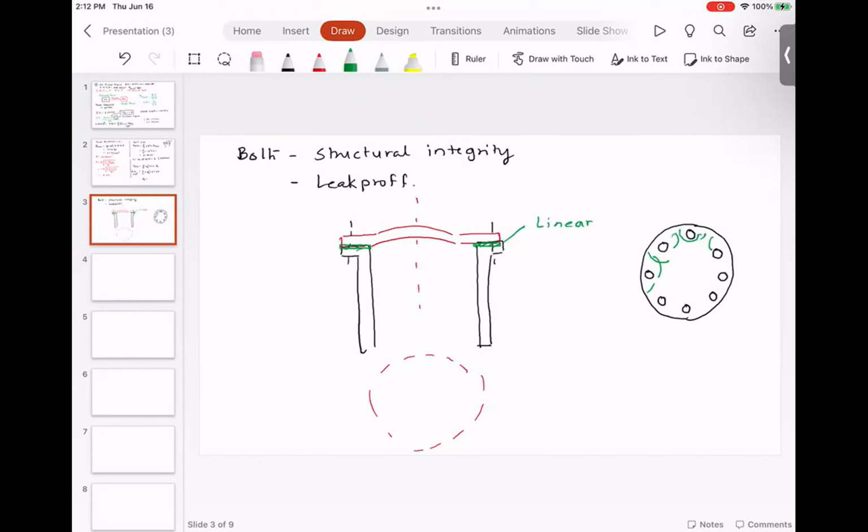It also depends upon what type of liner is used, because usually we use a metallic liner. We want to make sure that under that pressure, the metallic liner does not develop any micro cracks. So the number of bolts, the sizes, and the location all depend upon how that engine is configured.